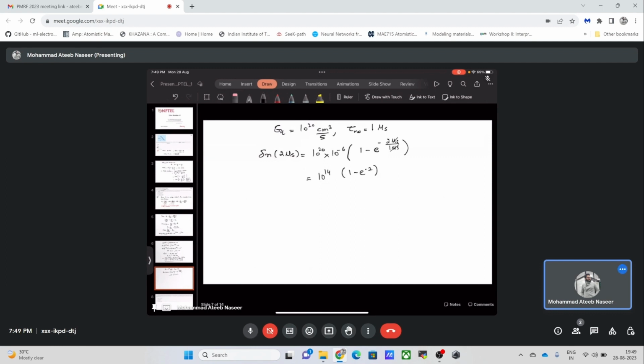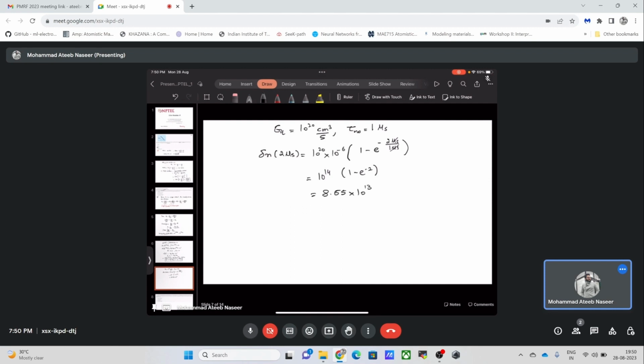So basically let me solve this e to the power of minus 2. Let me solve it on calculator first. e to the power of minus 2 is simply 0.135, minus 1, into 10 to the power of 14. It comes out to be equal to 8.65 into 10 to the power of 13.